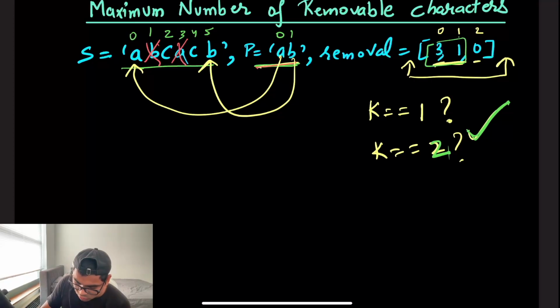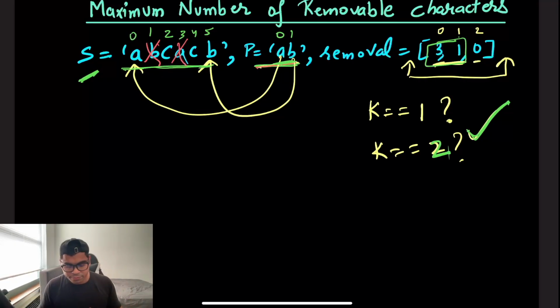That covers these two values. So when I'm choosing a k, that means in the removable array, until that index, including that index, I am taking all the indexes from the beginning, removing all those indices in S, and after that I'm checking if p is still a subsequence of S. So we will write a helper function for checking if p is a subsequence of S, and then linearly go through k one by one, creating a set from the removable array, and keep checking whether these characters were removed or are equal to the characters here.